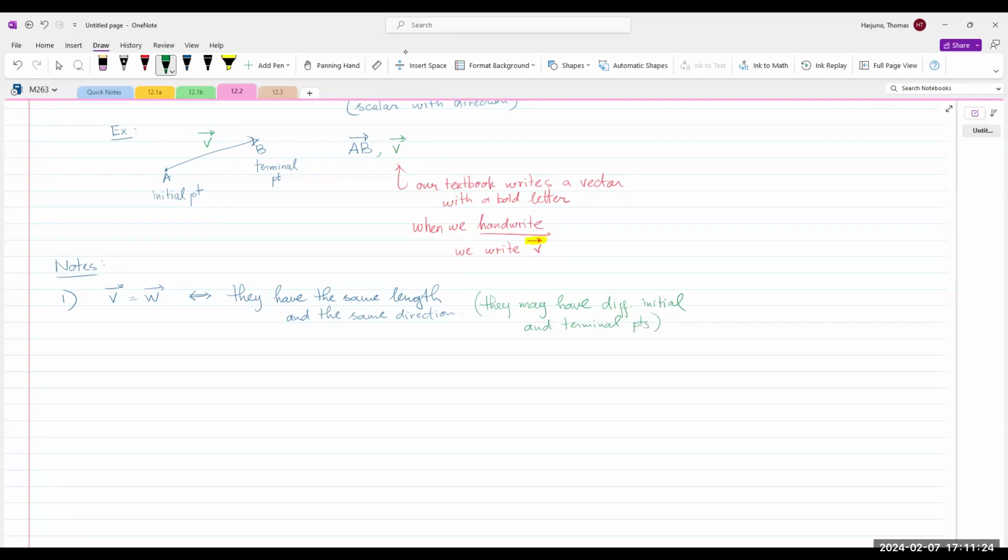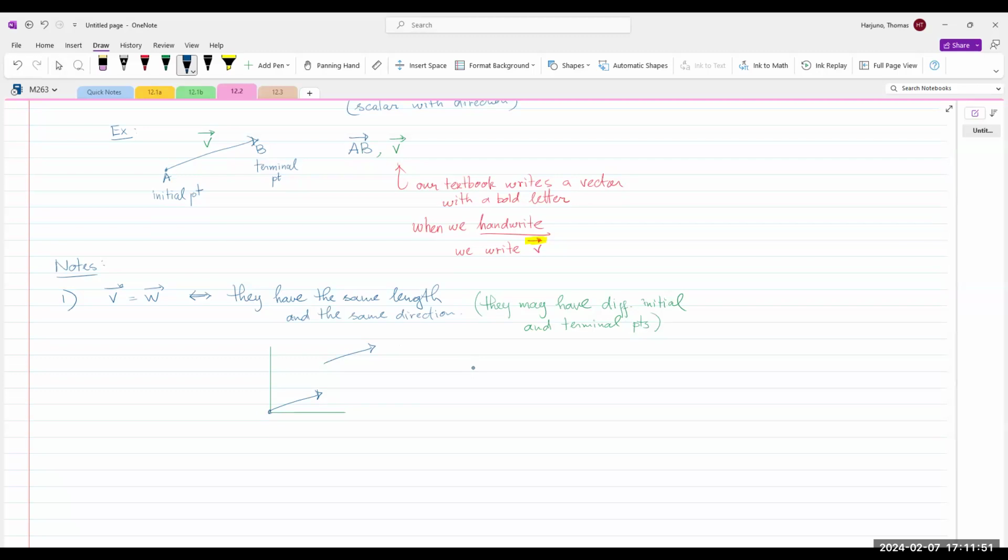Okay, so for example, if I have this vector here, from origin to here, this vector is the same as this vector.